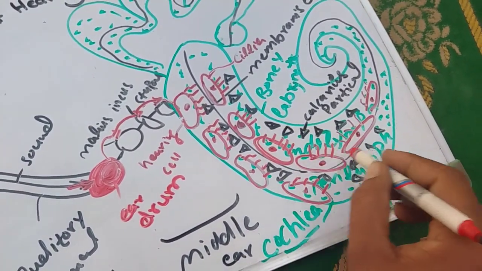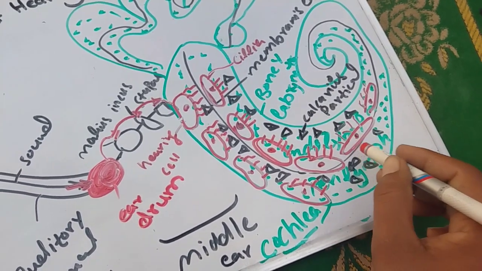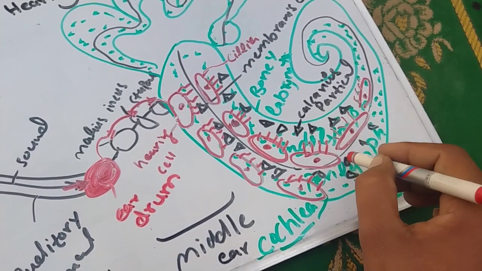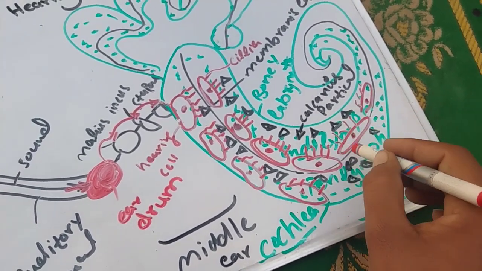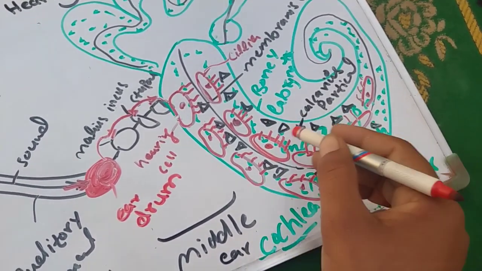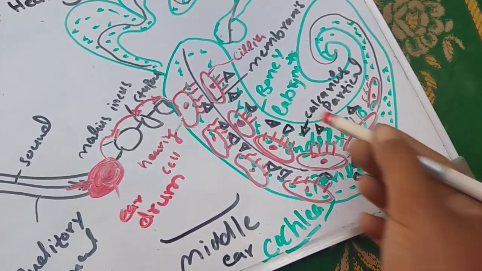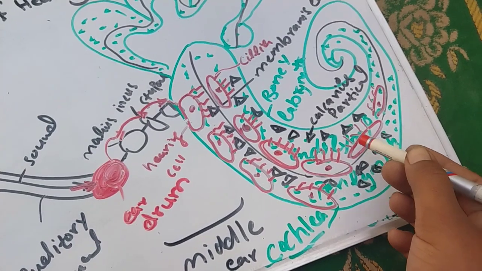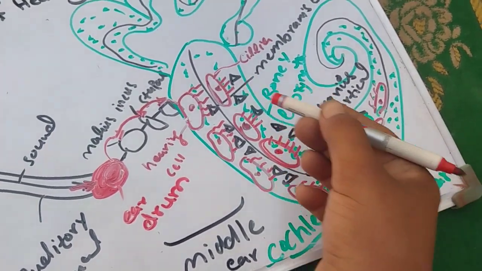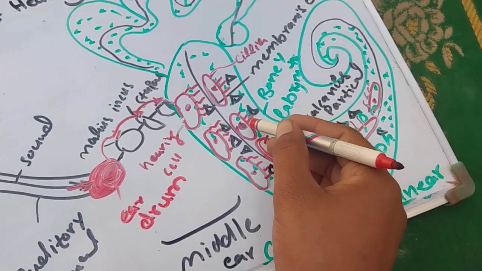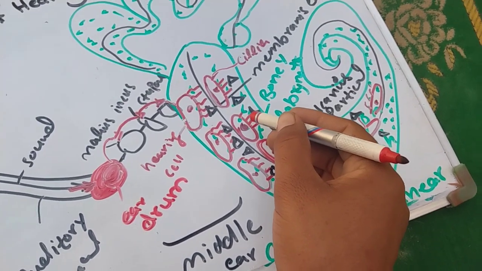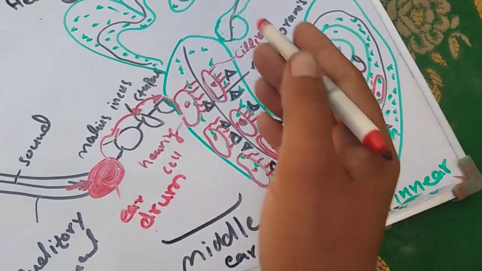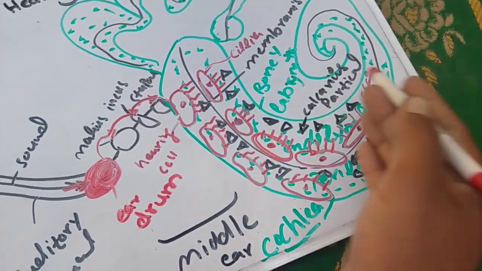The cochlea consists of lymph, the fluid. Inside the fluid are hearing cells and also calcareous particles. When this fluid moves forward and backward, the cilia also move forward and backward, and the calcareous particles move with the fluid.